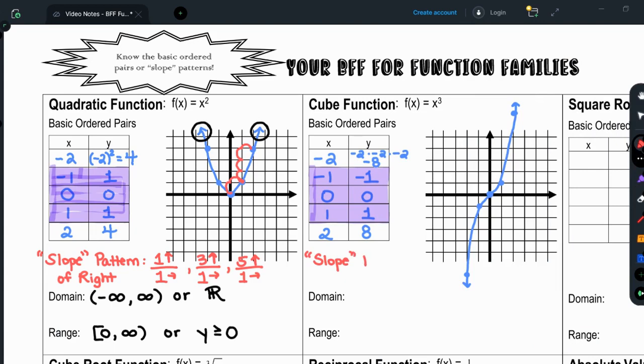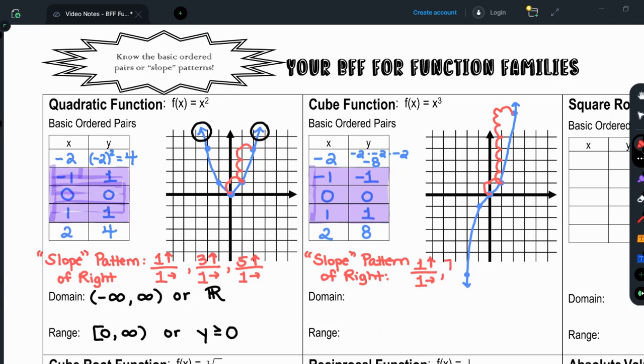I start at my vertex point, that origin point. And I see that to get to the next point, I have to go up 1 to the right 1. So that's exactly what I'm going to write in here. Then for the next point, I have to go up 1, 2, 3, 4, 5, 6, 7 over 1.